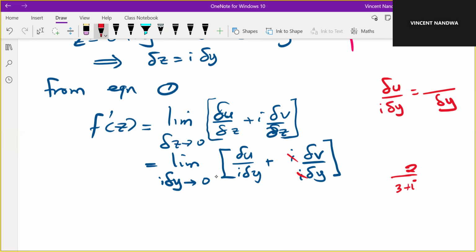So what is the conjugate of i? Negative i, correct. So therefore now we multiply both the numerator and denominator by negative i.